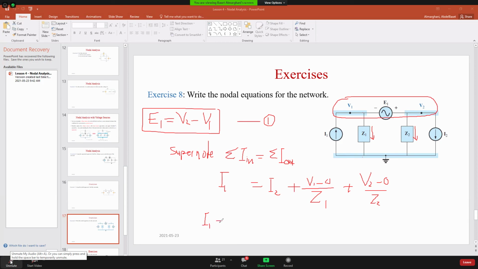I1 equals I2 plus V1 over Z1 plus V2 over Z2, and this is the second equation, and we answered the question. The question just says write the nodal equations. Those are the nodal equations in this circuit.